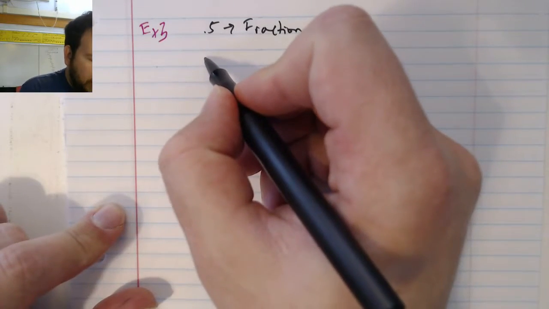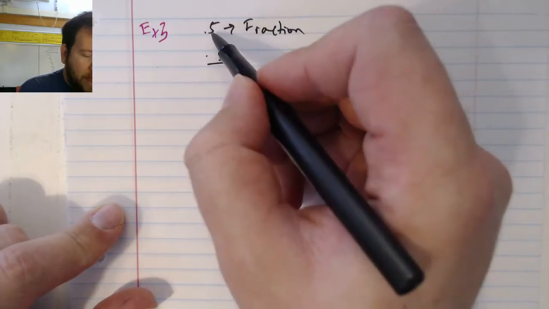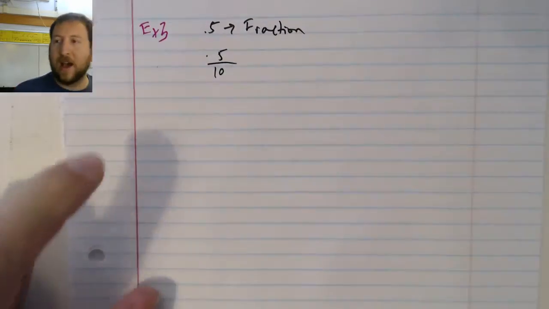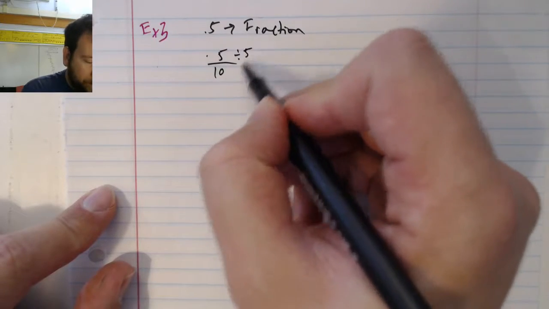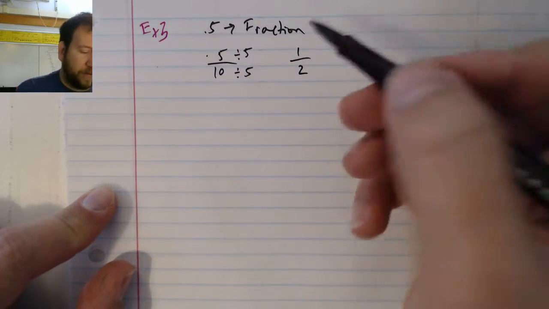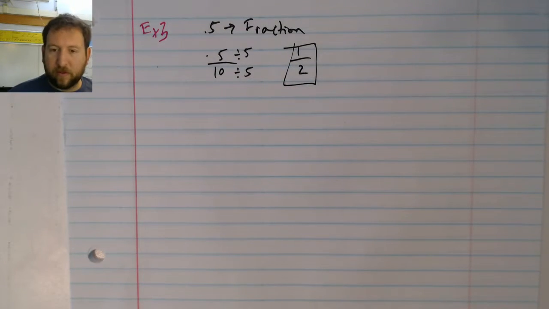My numerator is going to be a 5, and this is only one decimal place, so I can say 5/10. Both of these are divisible by 5, and this gives me 1/2. So my answer, taking 0.5 to a fraction, gives me 1/2.